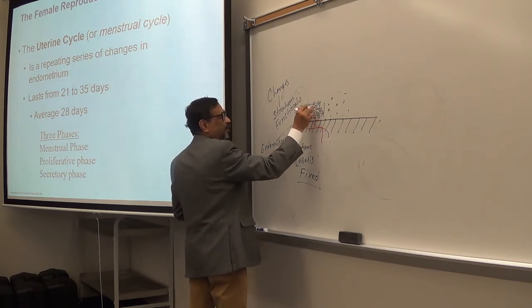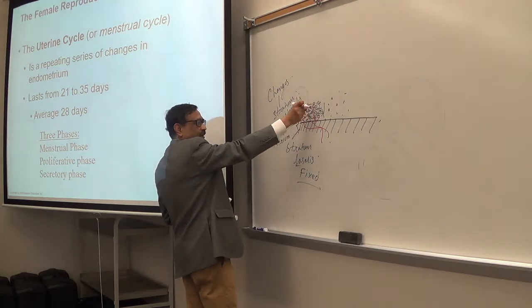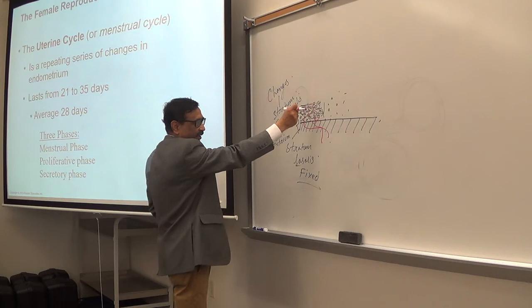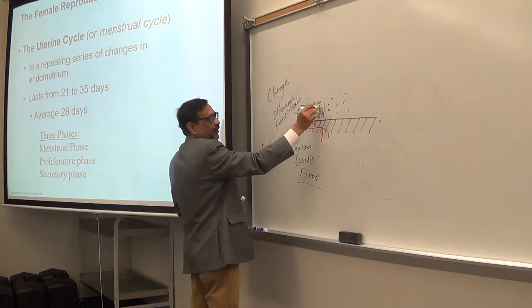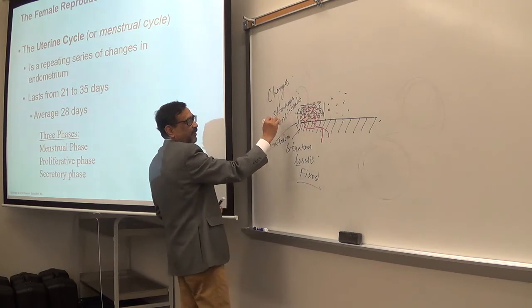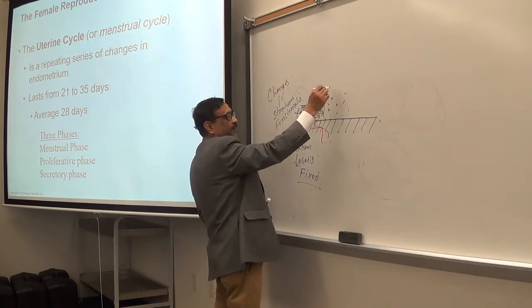Spiral arteries go to the functional layer. When these arteries are heavily constricted, then no blood supply reaches the functionalis layer, so it is destroyed and gets out from the body.